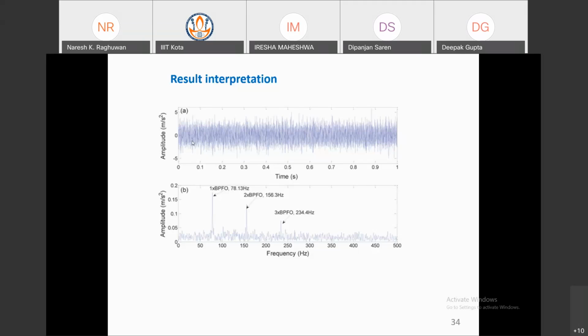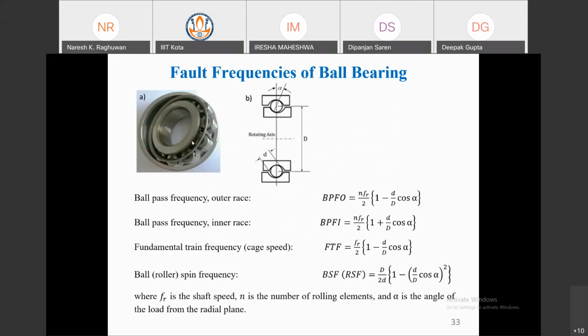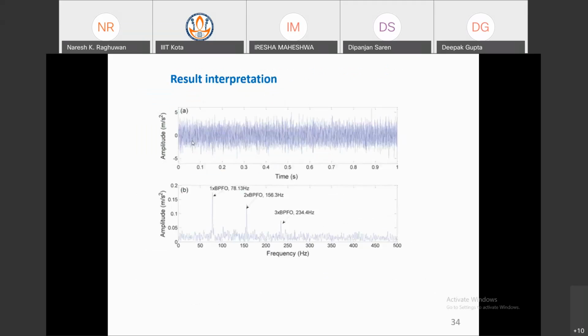And some frequencies, if we are calculating, say more than 500, are coming in the next slide. The same goes for the inner race and the ball bearings. We analyze all these different frequencies, and see at what frequency the changes occur in the faulty case.